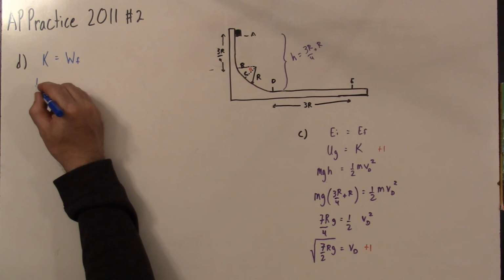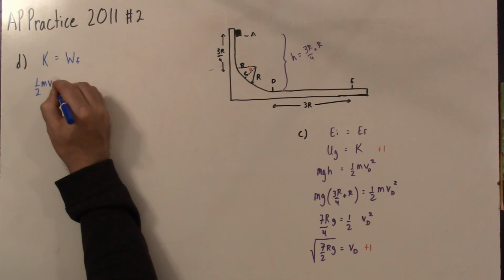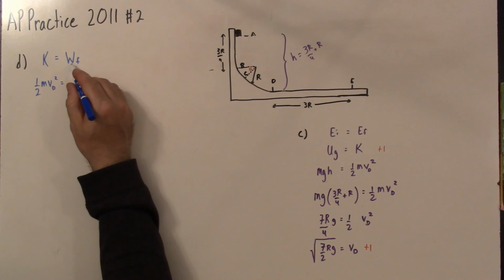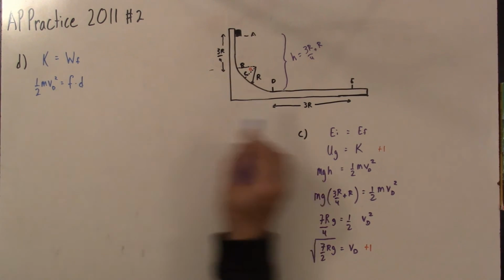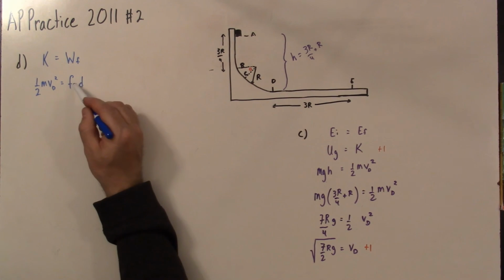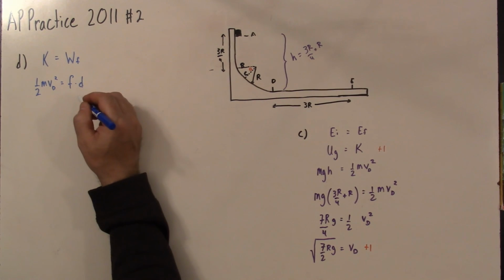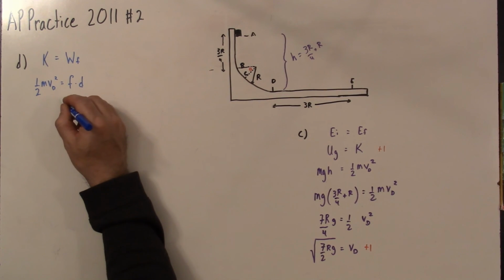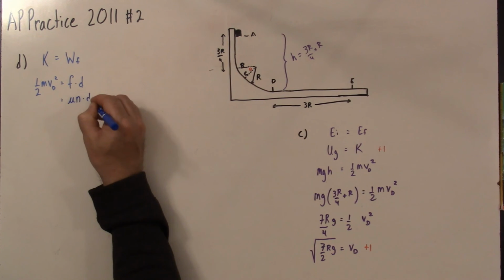So we start with the kinetic energy at D, 1/2 mv at D squared, and the work done by friction is equal to the frictional force times the slide distance. That's nice and easy because as it's sliding across here, these two are opposite one another, so we end up with a negative work. The frictional force is equal to mu N times d.